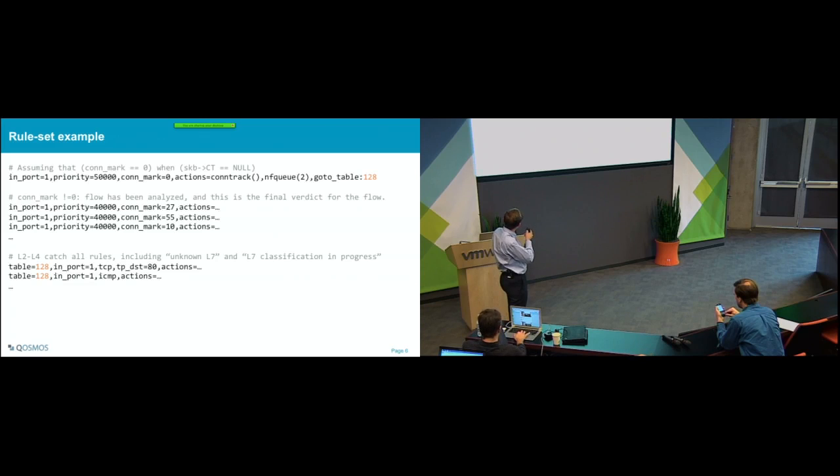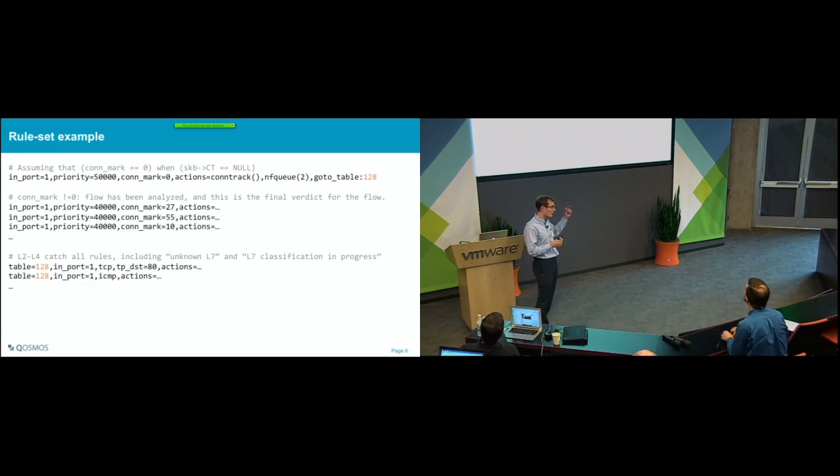So at the beginning, the conmark is 0. I'm assuming that the matcher is implemented in a way that we have to discuss, which is, okay, when I don't have any contract, the conmark is 0. The conmark is a CT mark, okay?